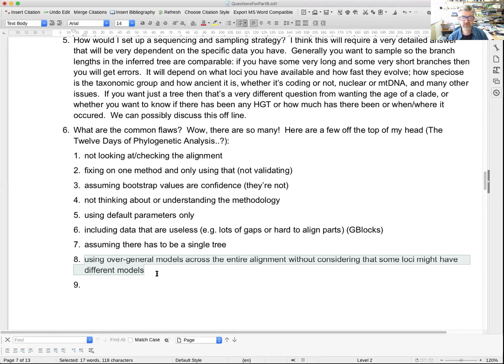And the reason that it was fitting to a GTR plus I plus gamma for the whole alignment is that there was a whole lot going on, and that was the most general one that could be attempted to be fit. It just happened to be not one that fit any of the individual loci. So it's definitely worth breaking those partitions down so that you can find a model that is general enough, but not too general, so that you can still use it to infer a tree.